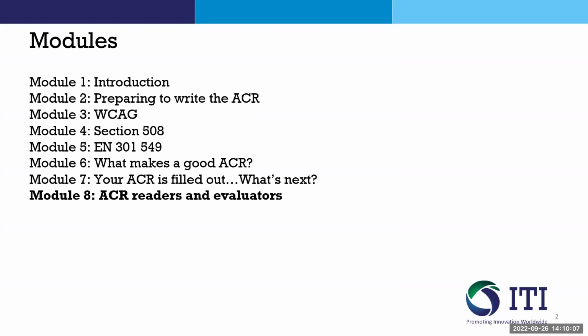And our purpose in doing this is so that when you get an ACR and when you are potentially about to bid on a product or purchase a product for a particular group of people, the ACR is going to tell you the accessibility of the product, software, document that you're going to purchase.